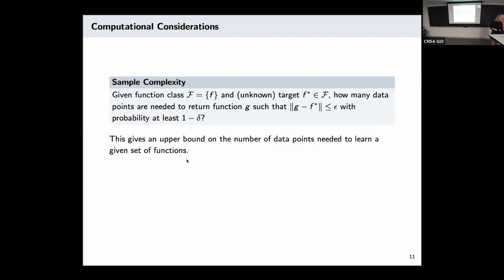If we have a given function class, a class of functions that the neural network can represent, and the unknown functional relationship that we want to recover is f star, we could ask how many data points we need to find a function g that is an epsilon approximation of f star in some metric on the function class. Essentially, we want an upper bound on the number of data points that we would need to learn a good approximation to the underlying functional relationship.